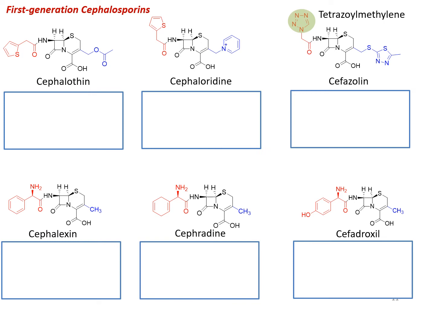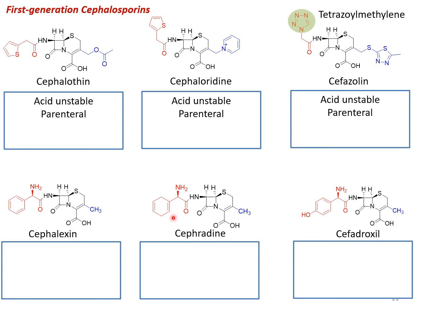What I will do starting from this slide is similar to what we've done when discussing penicillins. We'll cluster members of each generation and determine their stability in acid, against esterases, and against beta-lactamases. Regarding these members of the first generation cephalosporins, cephalothin, cephaloridine, and cefazolin have good leaving groups. They are acid unstable, thus not orally active.